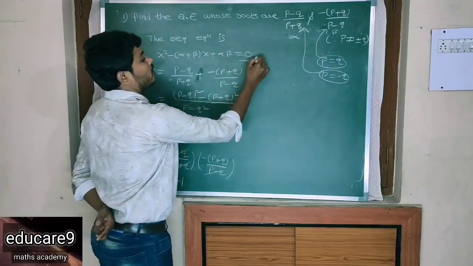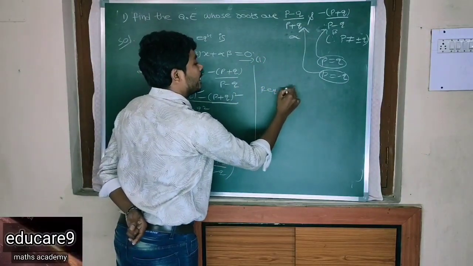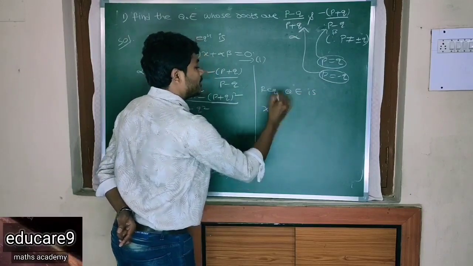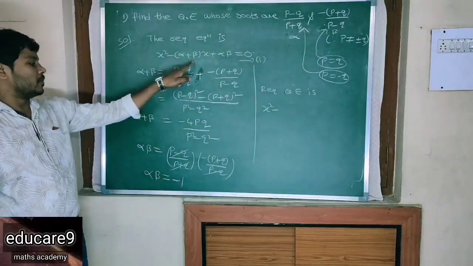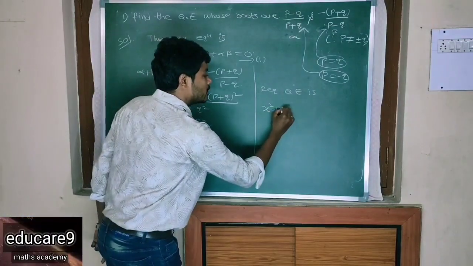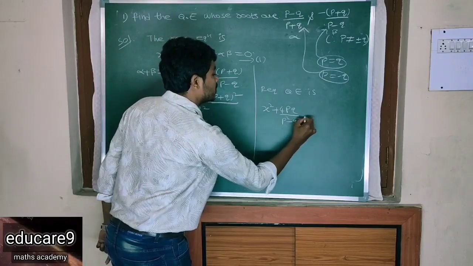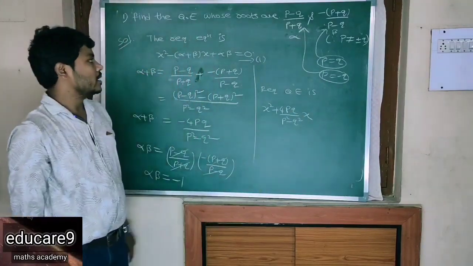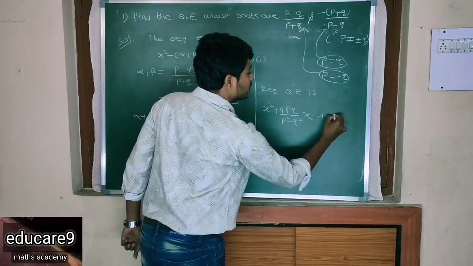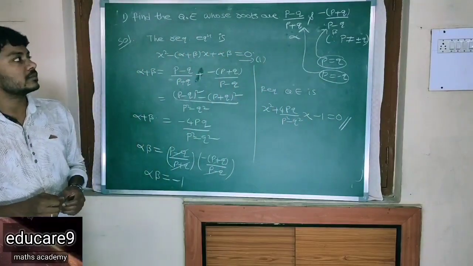So therefore the required quadratic equation is x square minus (alpha plus beta), that is minus 4PQ, you get plus 4PQ divided by P square minus Q square, of x plus alpha beta, that is minus 1, is equal to 0. So this is the required quadratic equation.